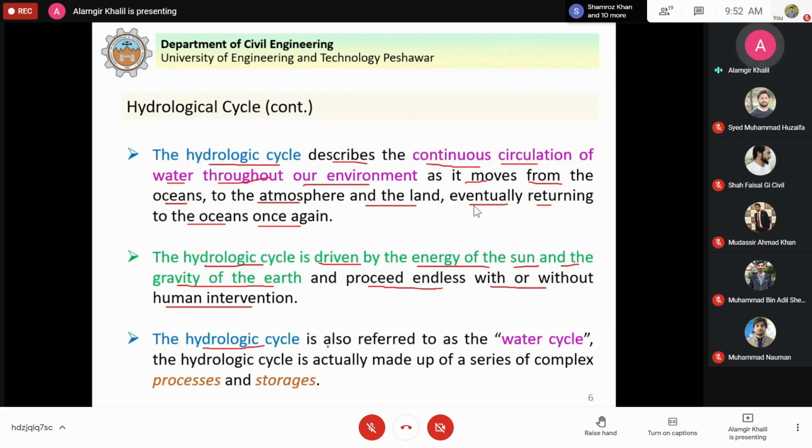The hydrologic cycle is also referred to as water cycle. The hydrologic cycle is actually made up of a series of complex processes and storages.